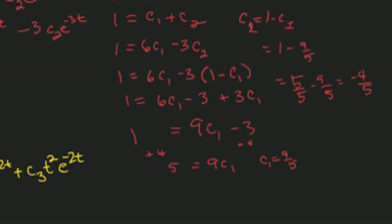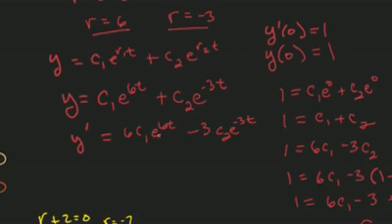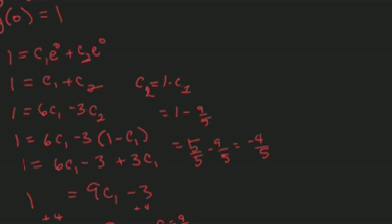And then you can plug in to your general solution what c1 and c2 are to get your particular solution. And this is, oh yeah, that was the derivative, sorry. So this was your general solution. So if we go here and we plug in the c1 and c2, I have those backwards? Yes, I do.